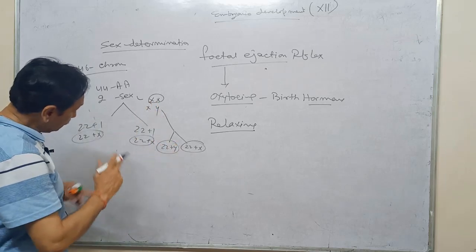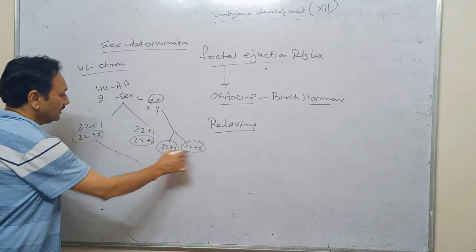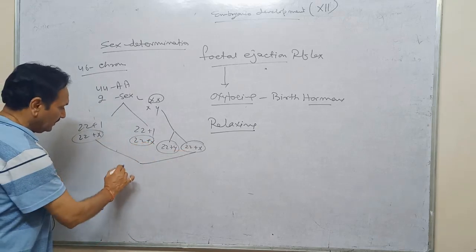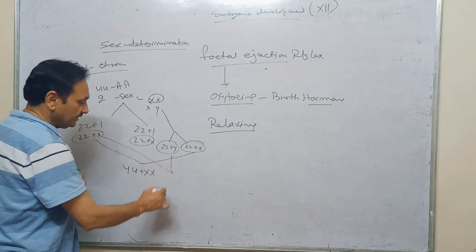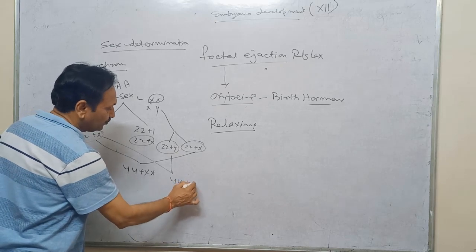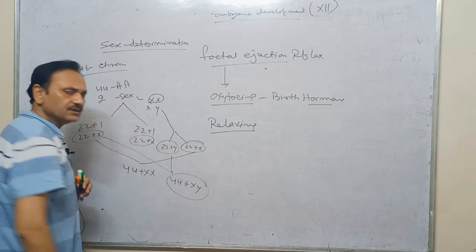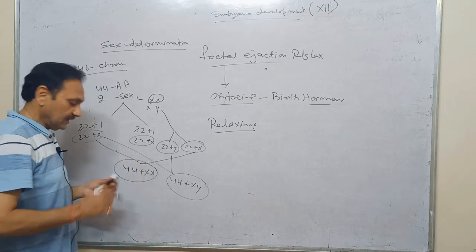Now, one gamete fuses with another gamete. If the gametes fuse like this, then 44 plus XX, and if they fuse like this, then 44 plus XY. In this condition the baby is female, and in this condition the baby is male.